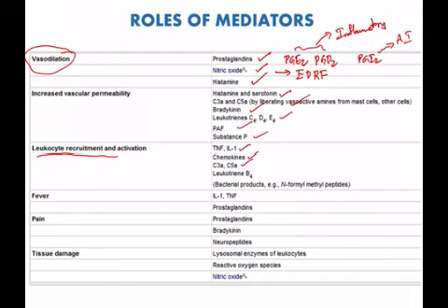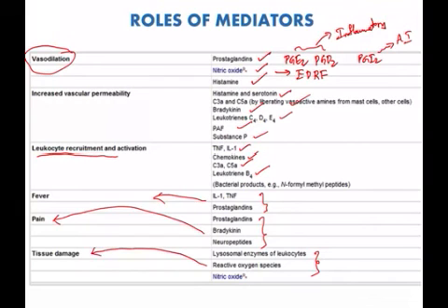Chemokines, complements, LTB4, all these lead to leukocyte recruitment. And prostaglandins and interleukins cause fever, and prostaglandins, bradykinin, and neuropeptides could also induce pain, as well as lysosomal enzymes of leukocytes, reactive oxygen species, and nitric oxide. All these are going to injure tissue.